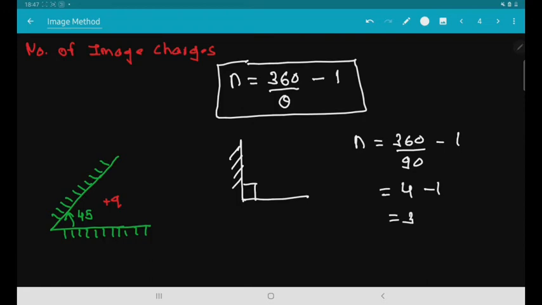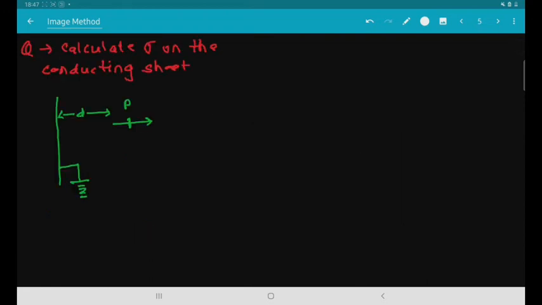Now let us look at the next question. In this question, instead of a charge, we are given a dipole, but we will have to use the same method. Now this plate is grounded. At a distance D we have a dipole.